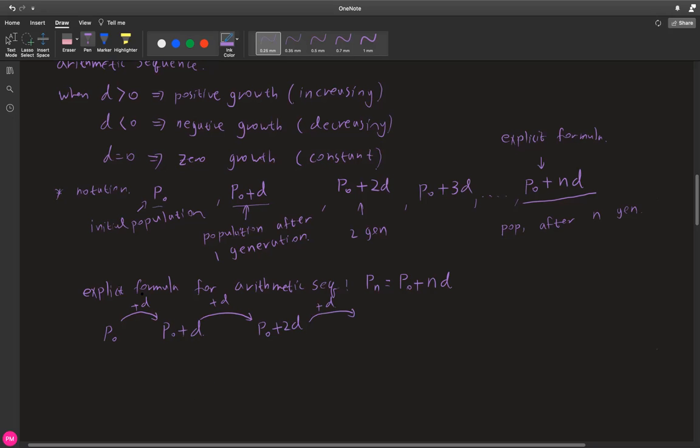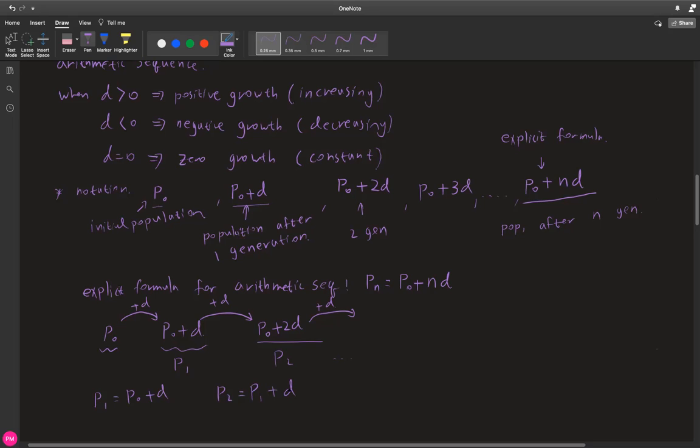So we can create the relationship that when this is P0 and this is P1, the population of the first generation, this is P2, and so on and so forth, we can see that P1 is actually P0 plus D. As well as when you have P2, it's actually P1 plus D. So what do you see here?